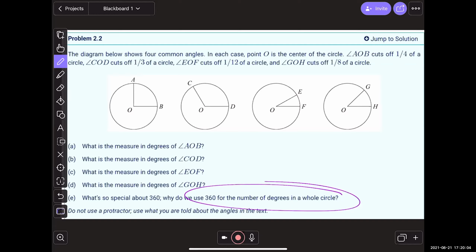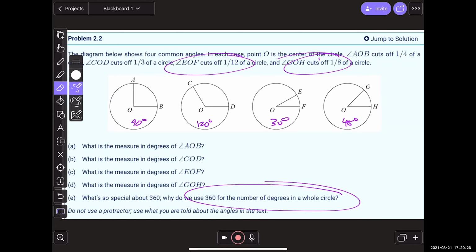So we just take that 360 divided by 4 gives us 90 degrees. And for COD, if COD cuts off a third of that, Gracie again, what is that going to be? 120. Right. And if we continue going on, we have EOF at 30 degrees and GOH at 1/8 for a total of 45 degrees.